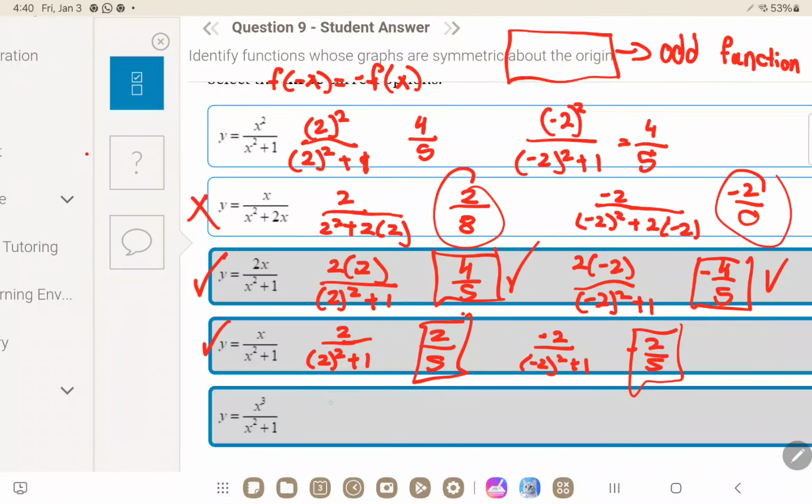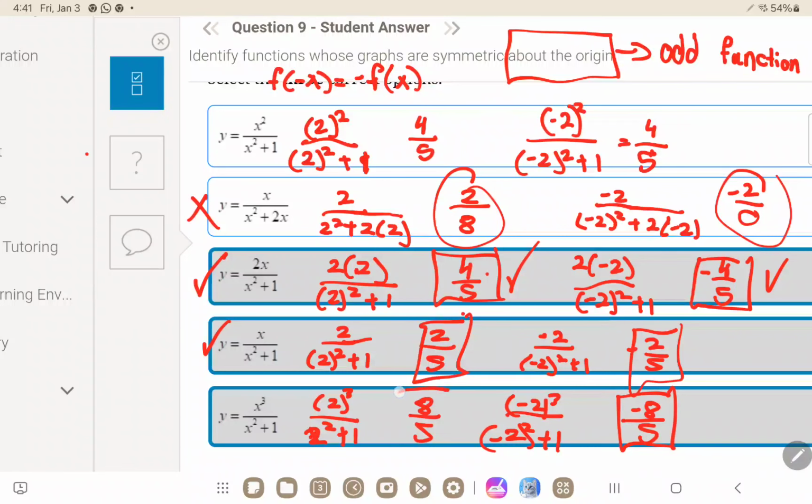Now again, 2 cubed over 2 squared plus 1 gives you 8 over 5. Now negative 2 cubed over negative 2 squared plus 1 gives you negative 8 over 5.